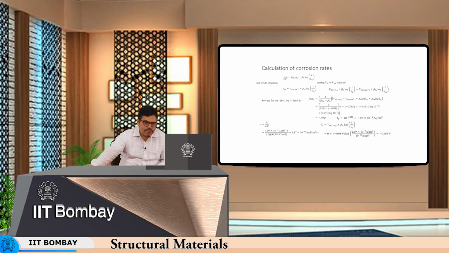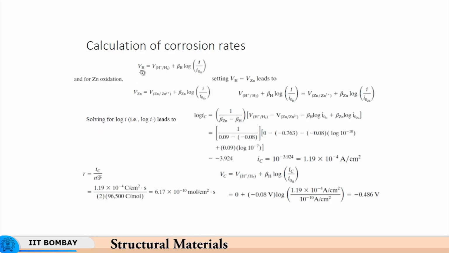And for the zinc oxidation, similarly we have this equation, and we set VH equal to VZn, because unless these two are equal, the matching between the two reactions will not take place, meaning that all electrons which are generated during oxidation have to be consumed in the reduction reaction. So, that condition is met only when this equation is satisfied, VH equal to VZn.